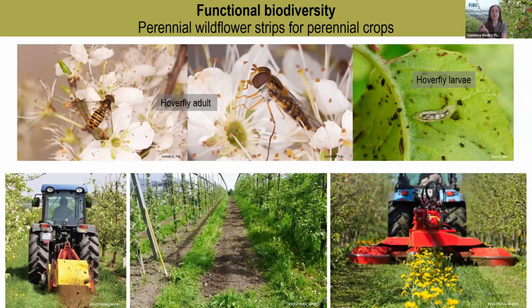You see the adult needs pollen and nectar from flowers to survive, get energy, but also to have enough proteins to produce the eggs from which the larvae hatch. And actually the larva is our aphid antagonist, our beneficial that feeds on the aphids, and aphids are one of the main pests in all fruit crops.